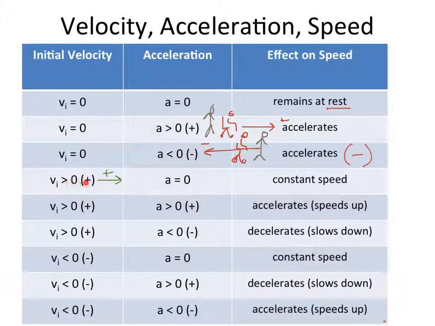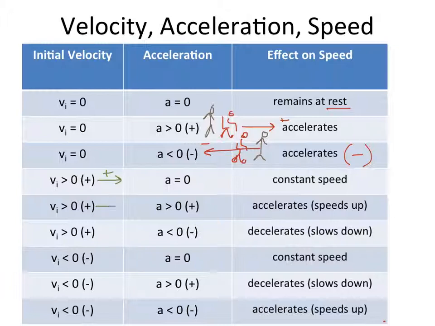You'll keep moving, and nothing is accelerating you or decelerating you. That means you're going to keep moving forever. Well, in the real world, even ice has friction. You will slow down. But say in space, there's absolutely no friction at all. You would continue to move at a constant speed forever until something applied an acceleration to you.